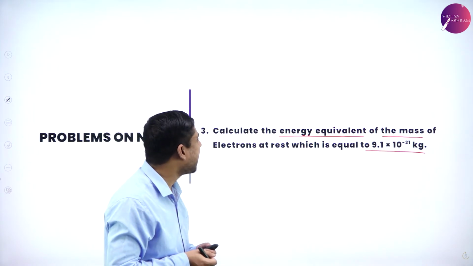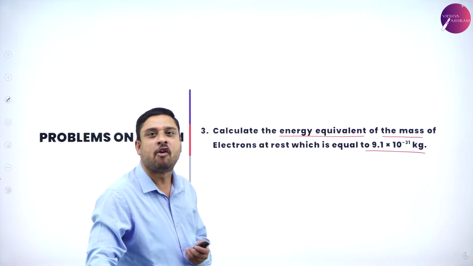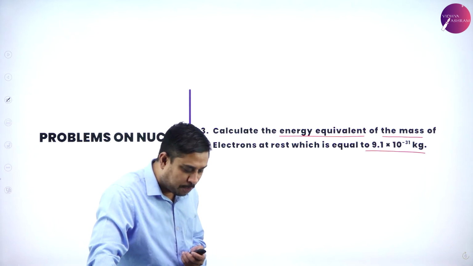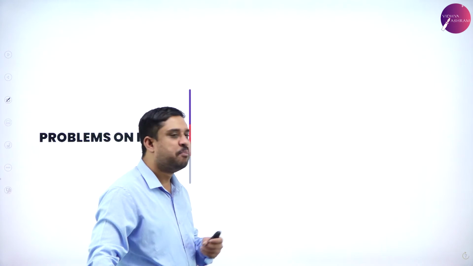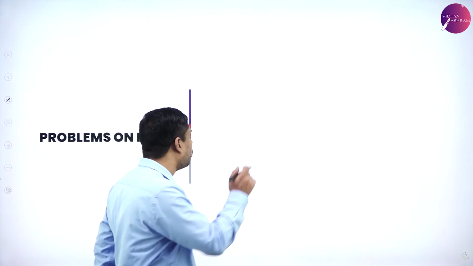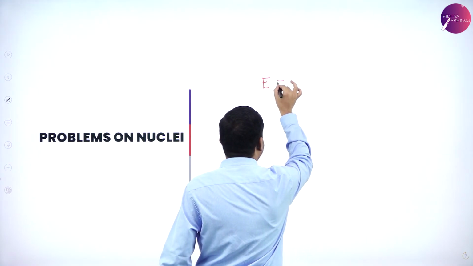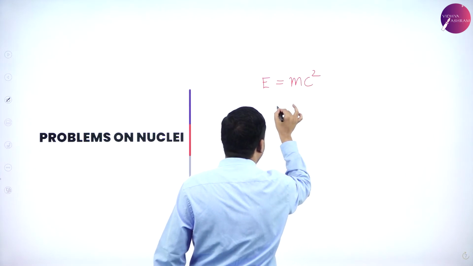So the moment I say energy equivalent of mass, what do I get into picture? Einstein's mass energy equation, E is equal to mc square.